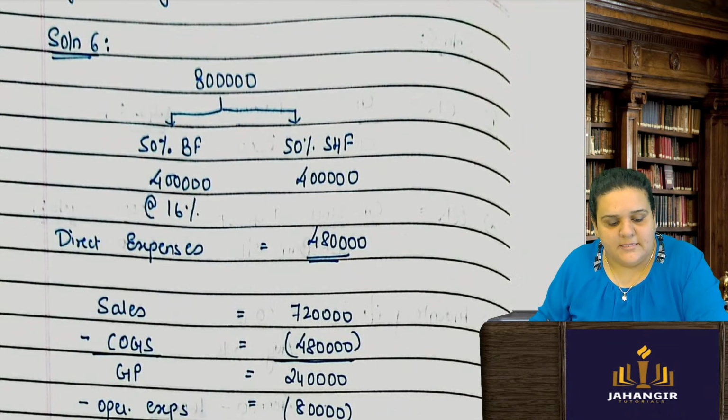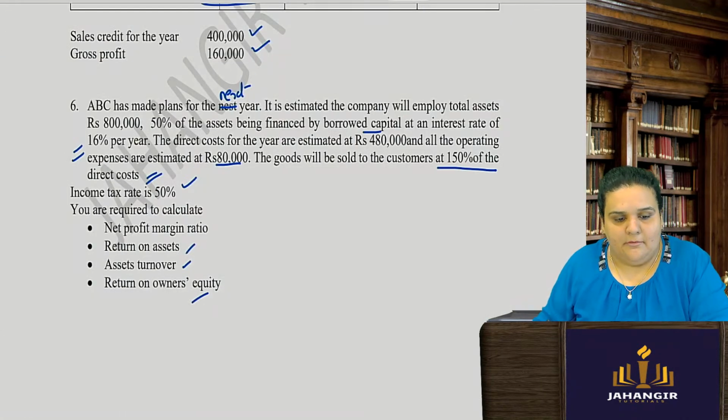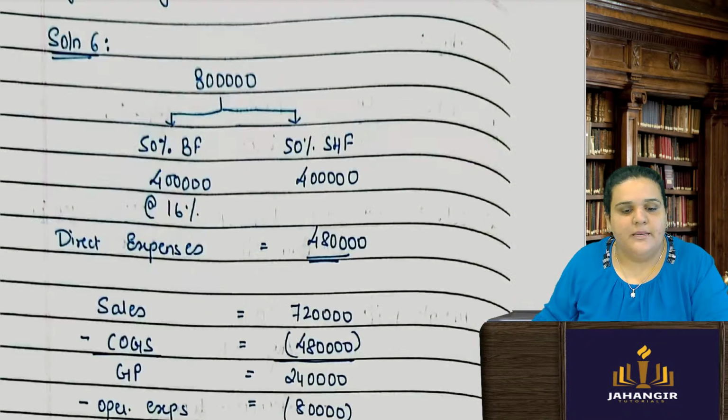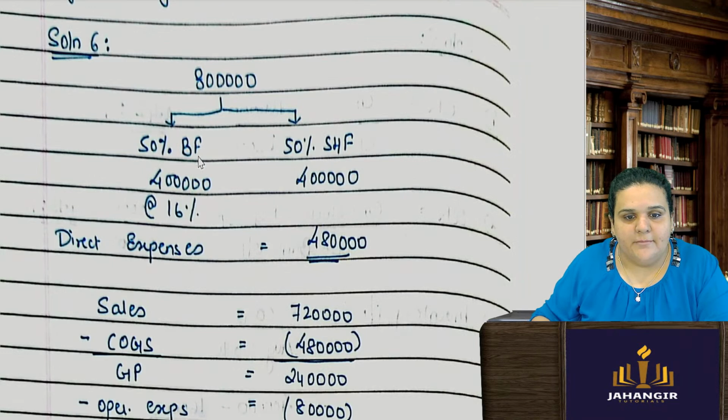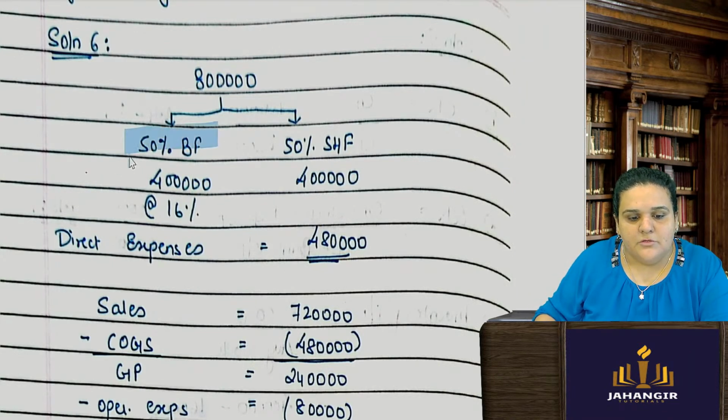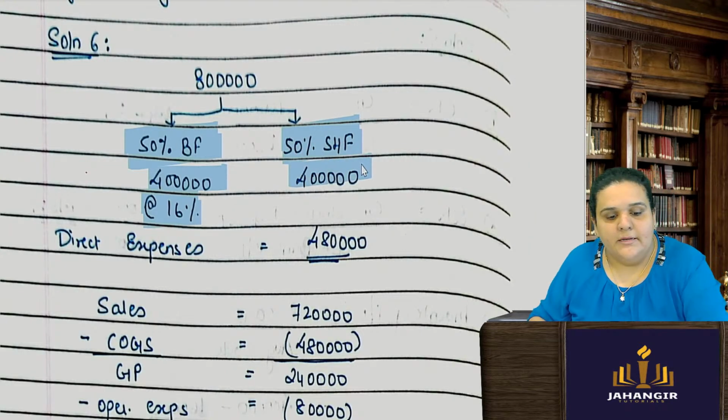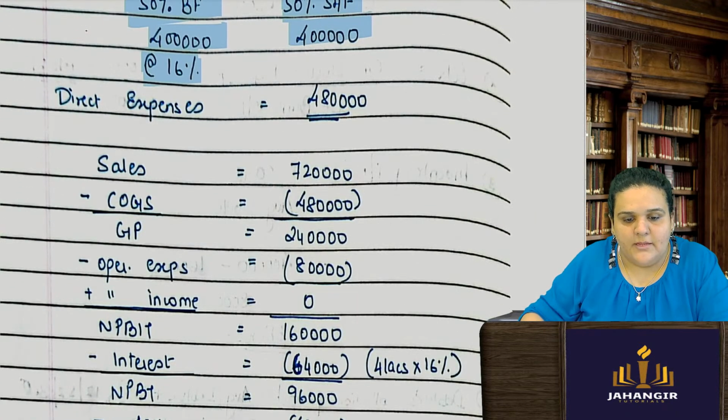Okay. So first thing I have to understand is that they plan to employ total assets of 8 lakh rupees for the next year, of which 50% we will take from borrowed funds. So 4 lakhs from borrowed funds, on which there will be interest of 16%, and the balance 50% will be shareholders' funds. Direct expenses they have given me is 4,80,000.